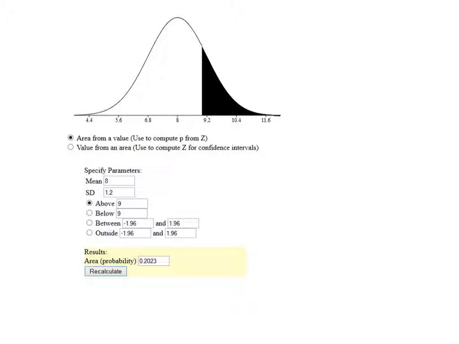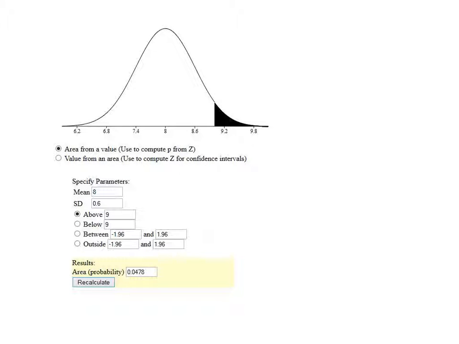If you wanted to think about that formula, it's 1.2 over the square root of 1, and the square root of 1 is 1. So really, we don't have a sample if we're taking a sample of 1, so it's not really a sampling distribution. But the probability of a single potato weighing more than 9, if the mean is 8, is a fairly high probability. It's a 20% chance, so that's not unreal.